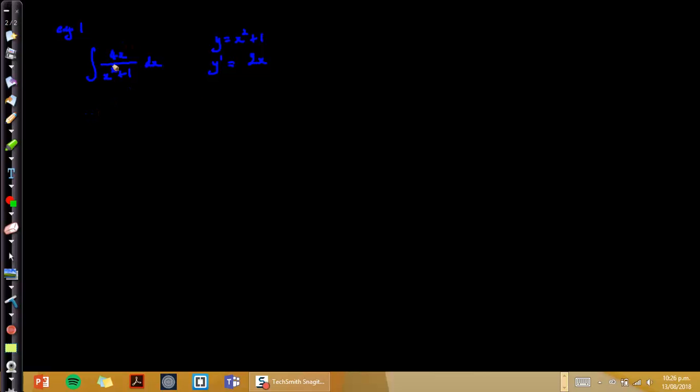Now on the top here we've got 4x, but that is simply 2 times 2x. So we can rearrange this, put 2 as a constant out the front, times 2x. Now 2 times 2x is 4x, so this is equal to the function above, but now we've got the situation that we're after.